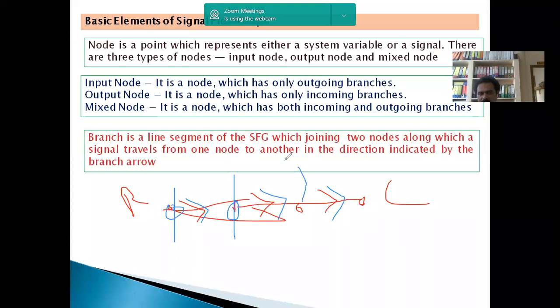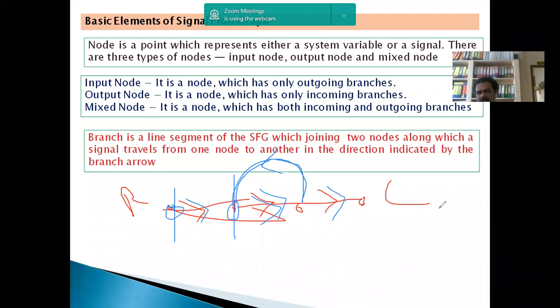For example, if one more branch is there, that is a feedback branch, the arrow is indicated in the reverse direction. It is also called a branch, but in this case the direction of signal is reversed. Here this is the forward direction, whereas this is the reverse direction, otherwise called feedback.